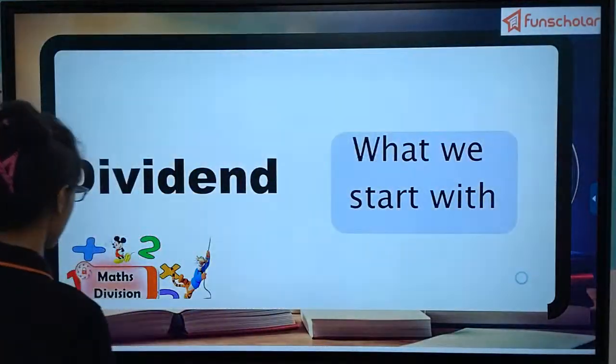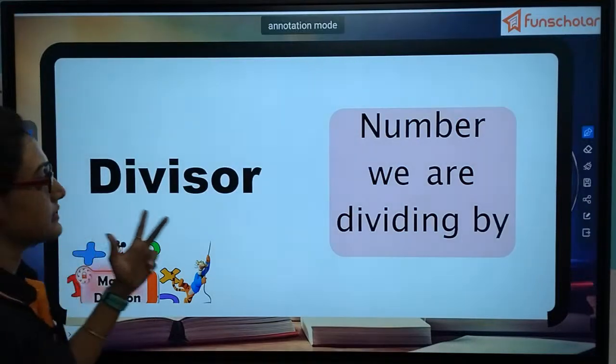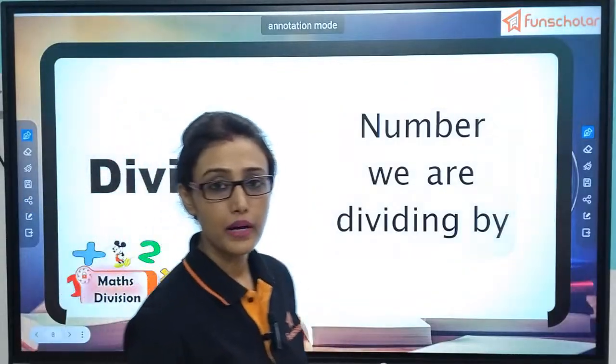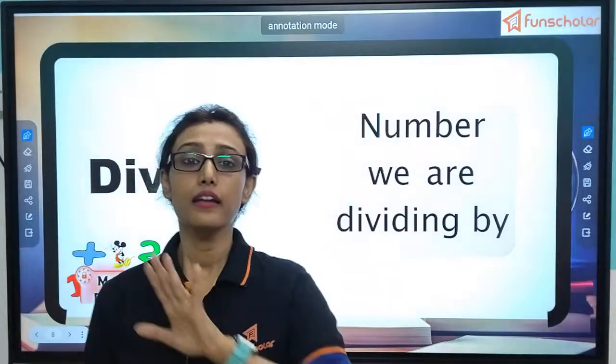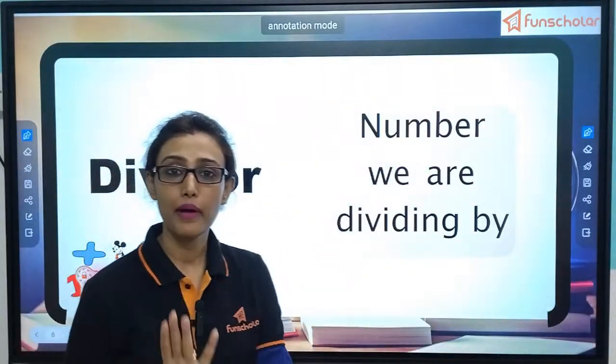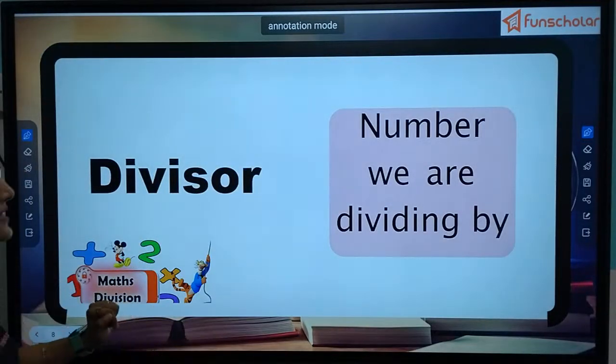Now next comes your divisor. What is divisor? The number of people or groups among whom we are dividing the bigger amount is known as divisor.